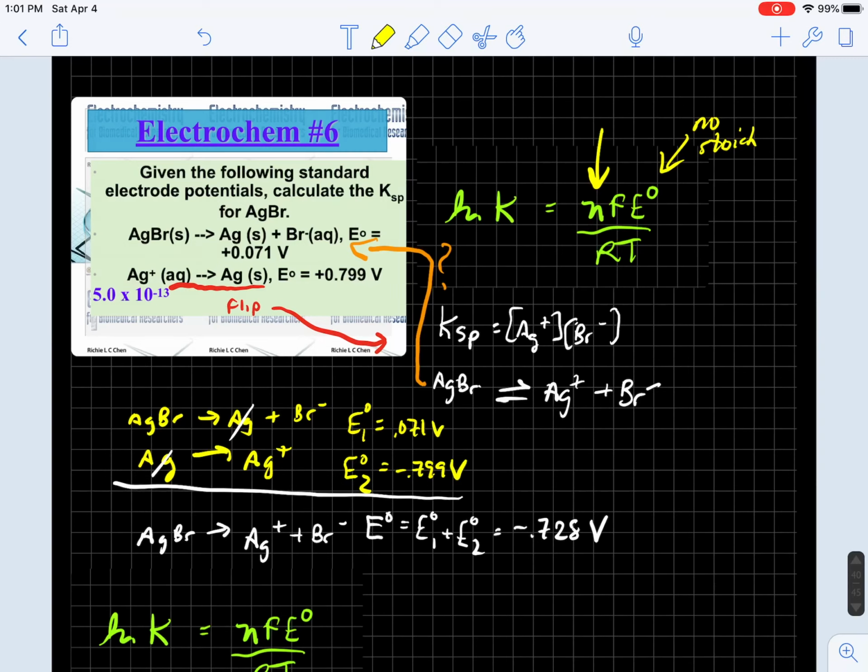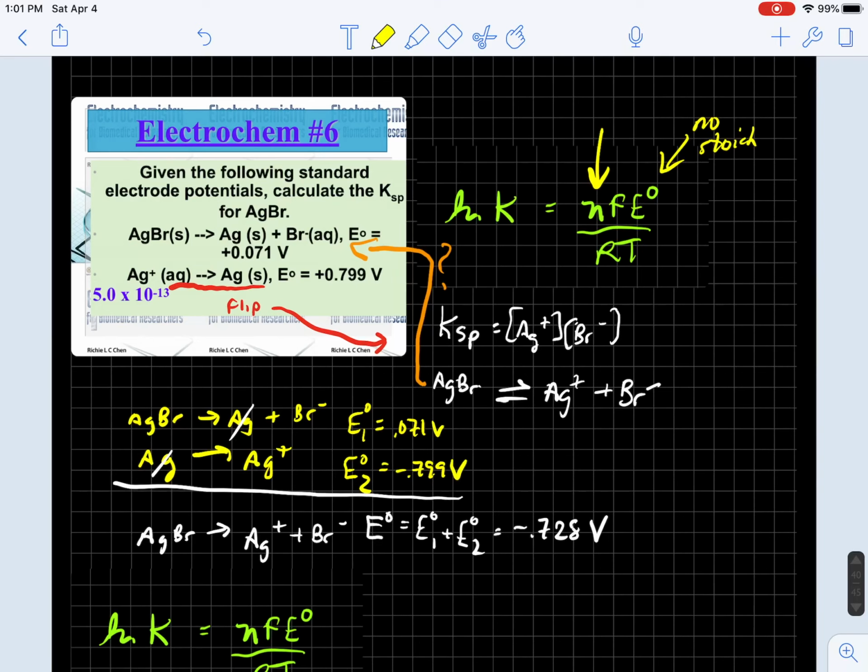But the problem is that KSP is the dissolving of silver bromide into its ions, but the information they're giving us isn't KSP. They're giving us silver bromide breaking up into silver metal, which is a reduction of silver. So they're giving us the reduction of silver in the first equation, and then they are giving us the ionization. If we flip that second equation, it gives us the ionization of silver metal to silver ions.